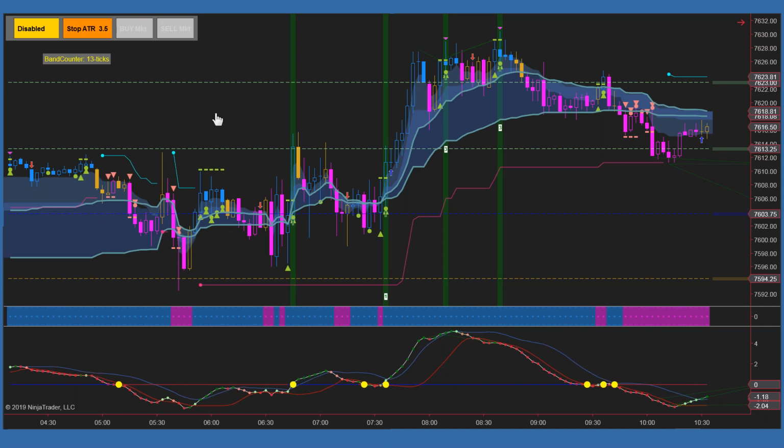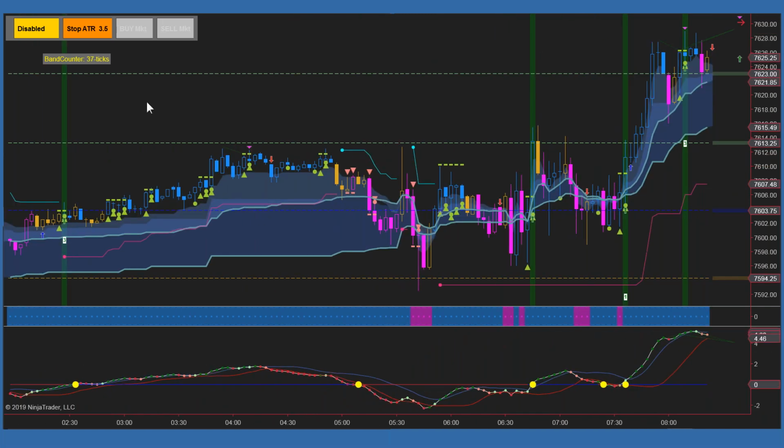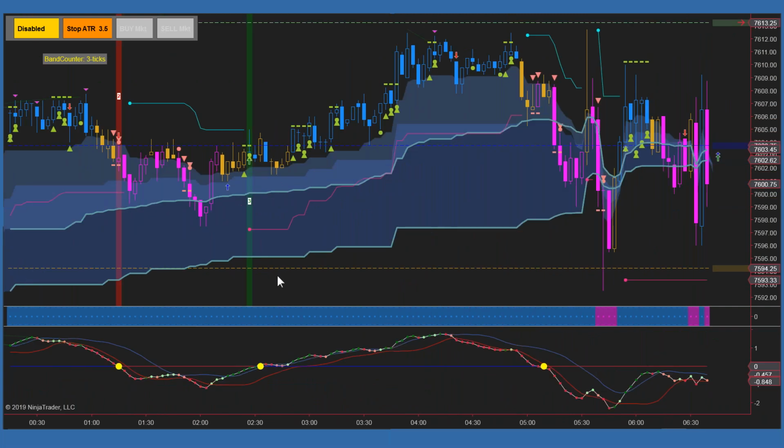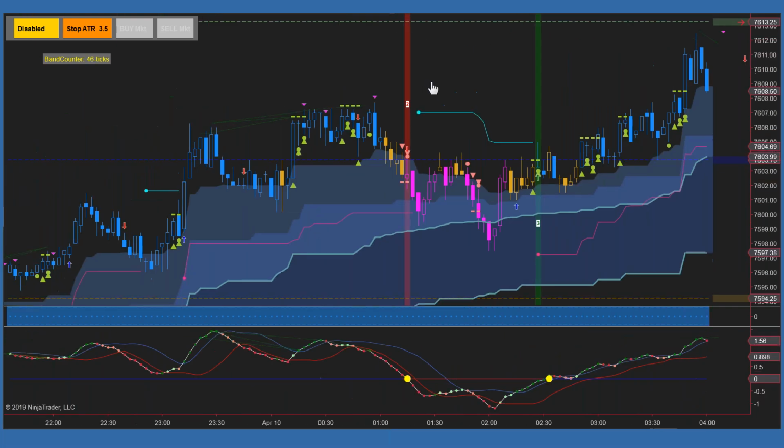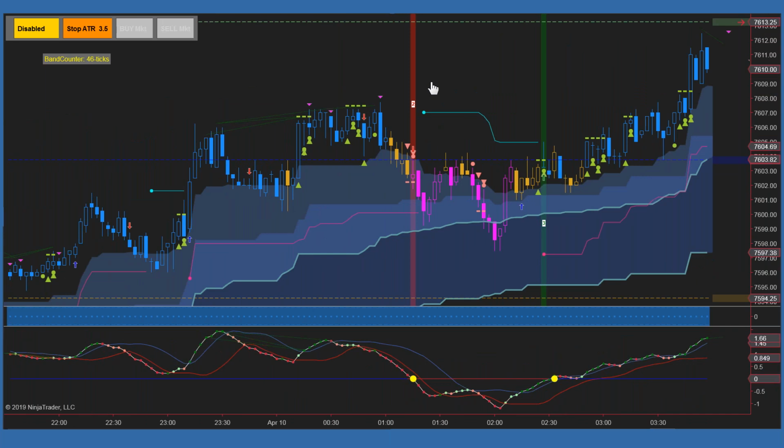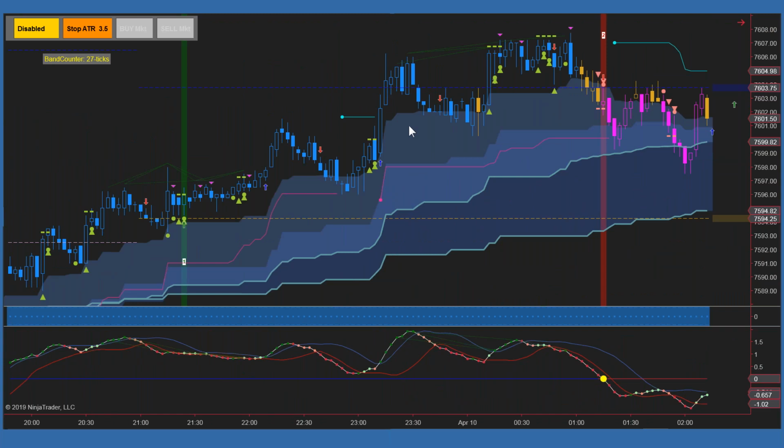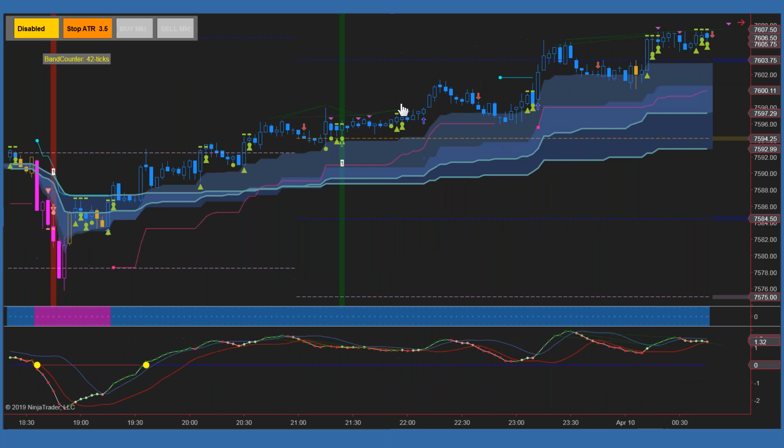Okay, so maybe the 3-minute might be the way to go, at least as far as the NASDAQ is concerned. So all I'm doing is looking to see how the bands are forming. I'm looking to see, am I producing signals?